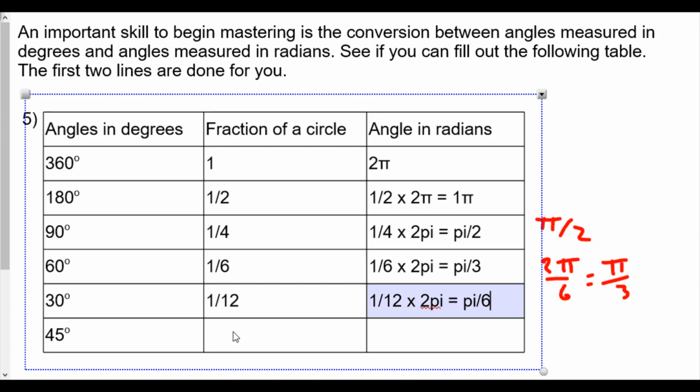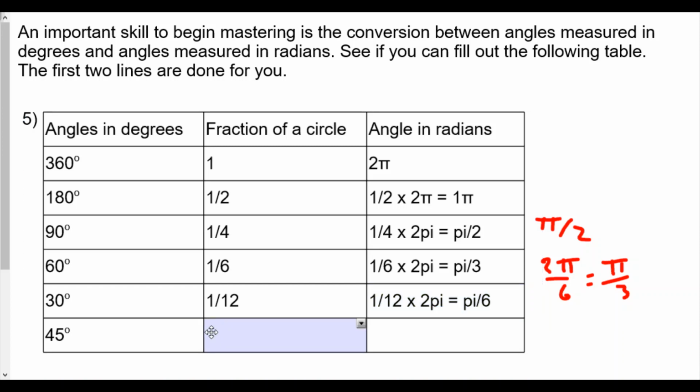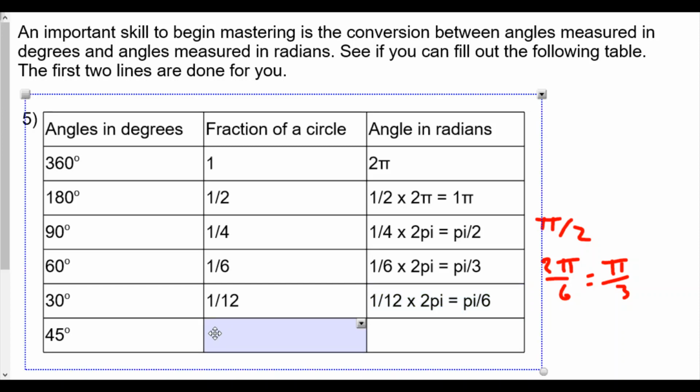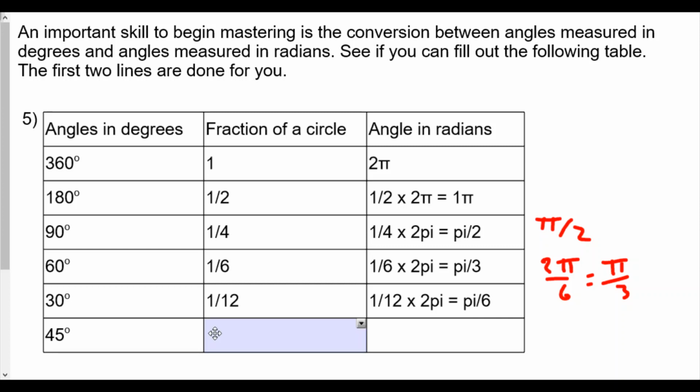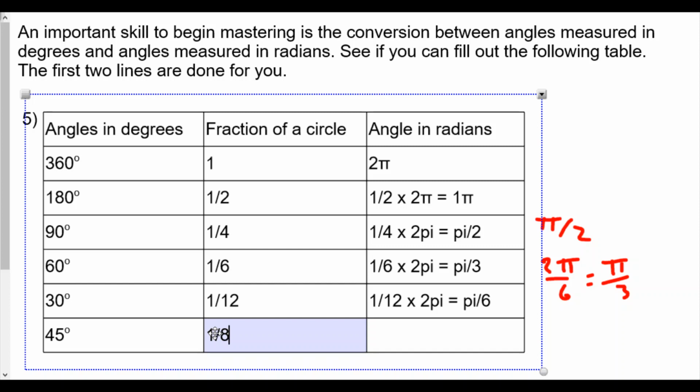And finally, 45 degrees. We'll see that is really 1/8 of the whole circle. So 1/8 times 2 pi is equal to pi over 4, because 2 over 8 simplifies to 1/4.